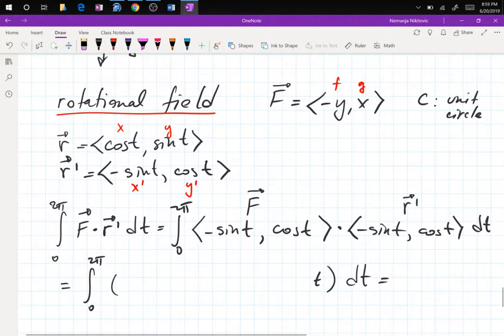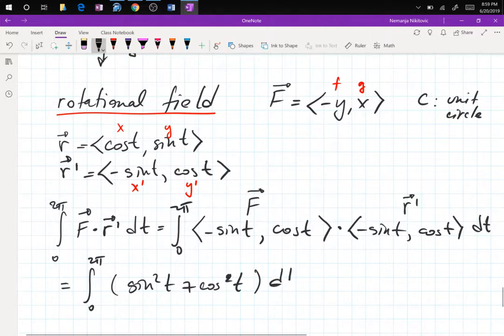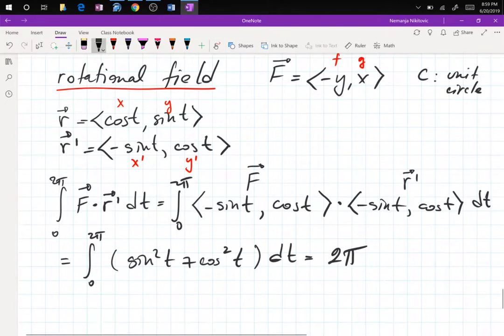And you just, so sine squared t plus cosine squared t dt is equal to 2 pi, because you're integrating 1 and then you plug in 2 pi.